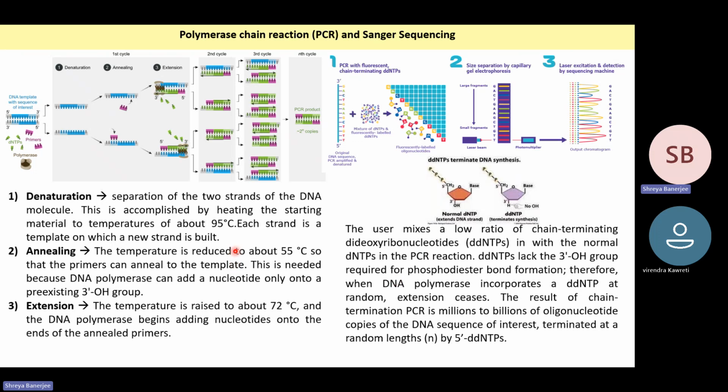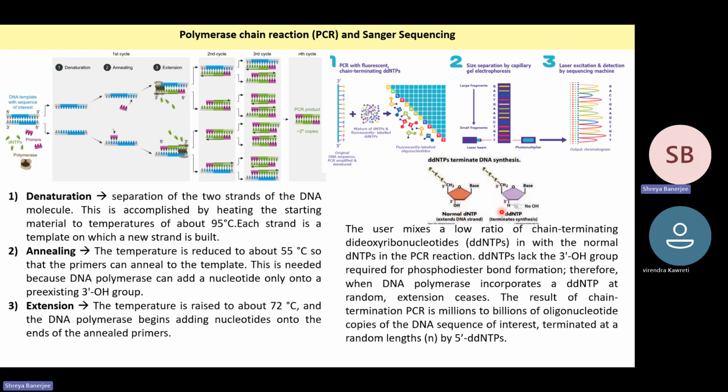Here what happens? It is polymerase chain reaction, but there is a modification. Normally in polymerase chain reaction, we have a mixture of nucleotide phosphates, which add on to the template strand. Now, along with the dNTP, ddNTPs are also there, which are dideoxyribonucleotides.